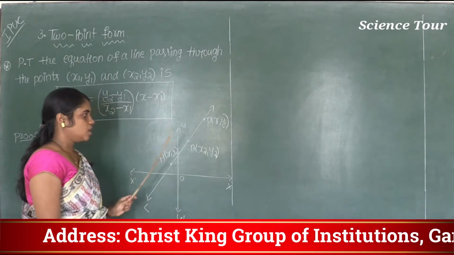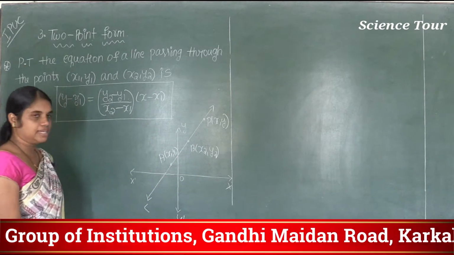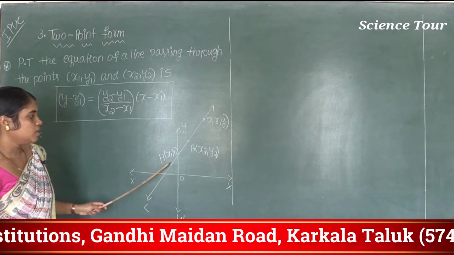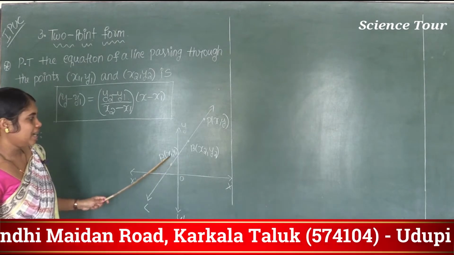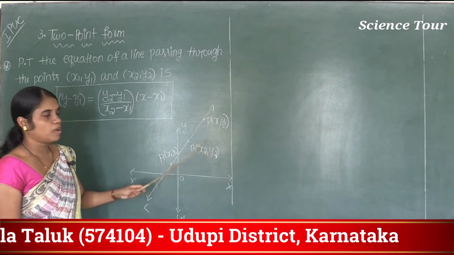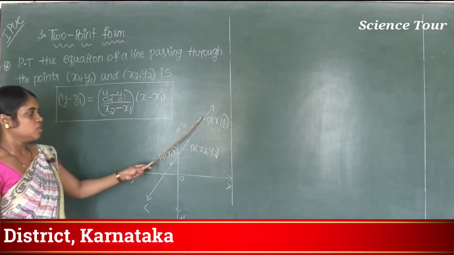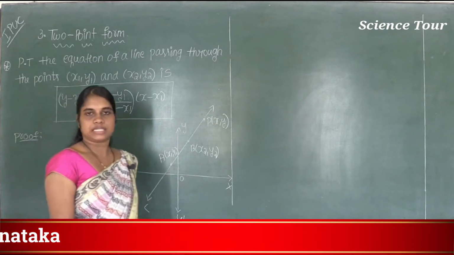See, this is a coordinate system. On this coordinate system, I will consider one straight line L. Here, I will consider point A x1 comma y1 and another point B x2 comma y2, and there is another point P x comma y. So totally 3 points I will consider now.